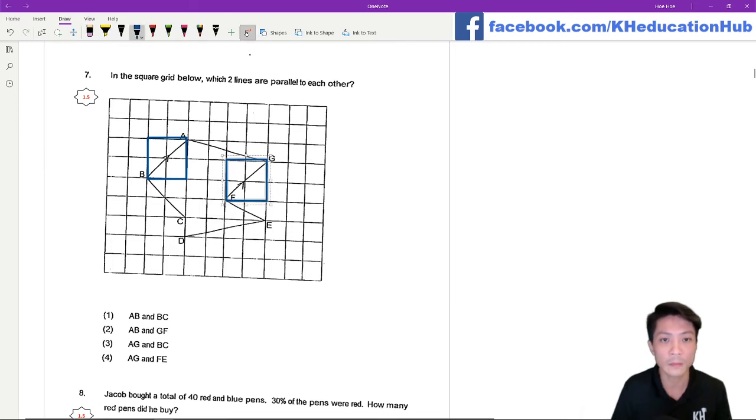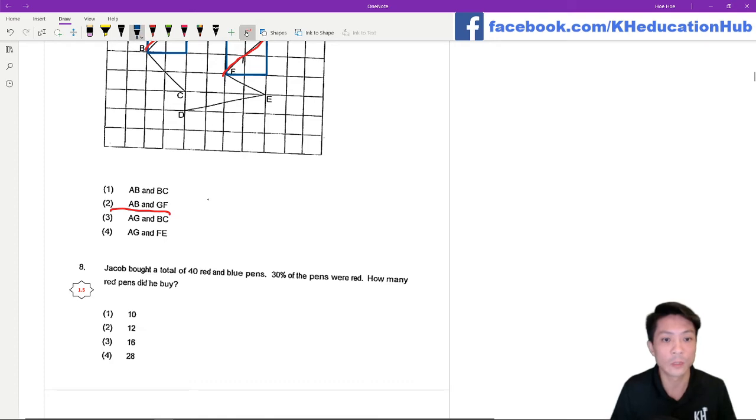Now I'm going to highlight AB and GF. You can see that these two lines are the diagonals of these two exact same squares, which means that the answer will be AB and GF, number 2.